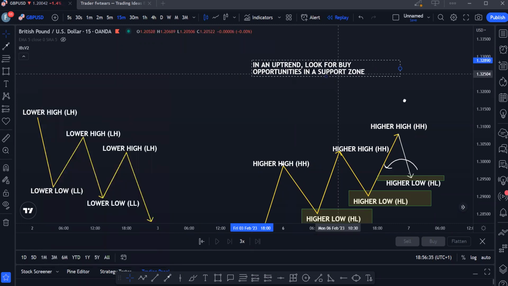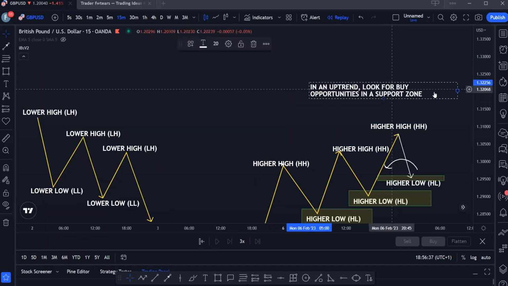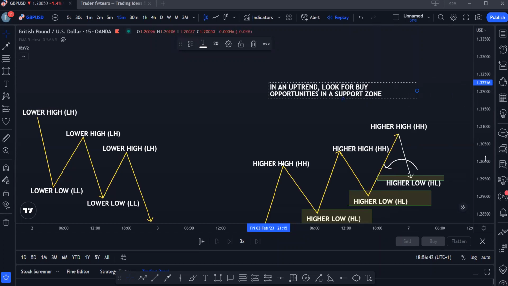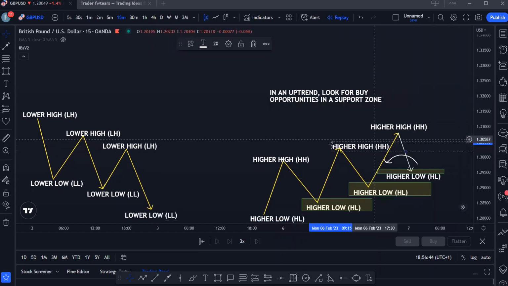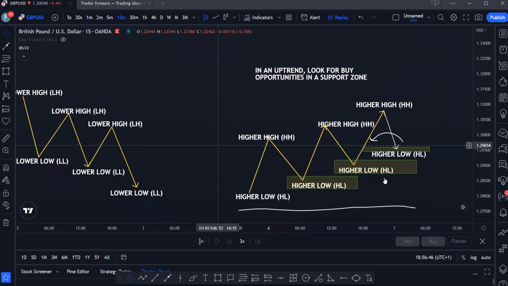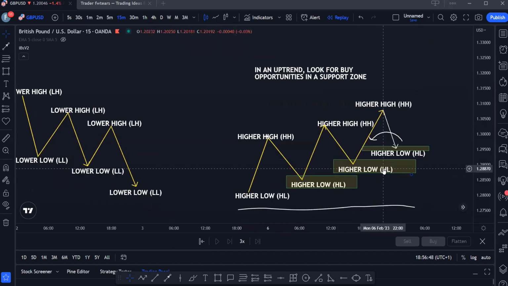In an uptrend, we want to look for buy setups, buy opportunities in a support zone. And that support zone will be what will give birth to your higher low.